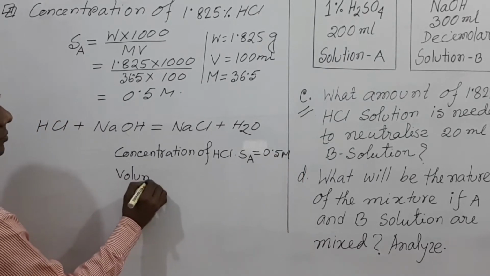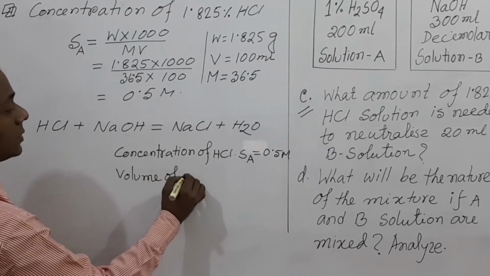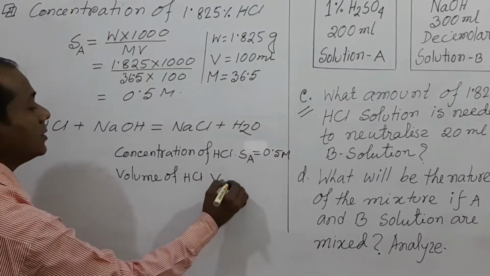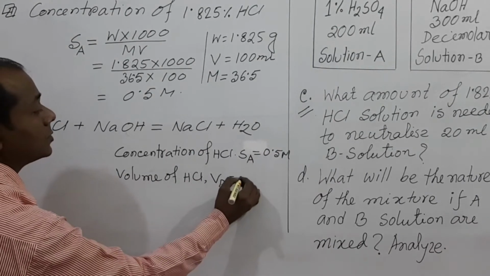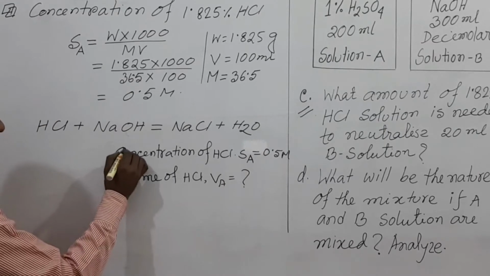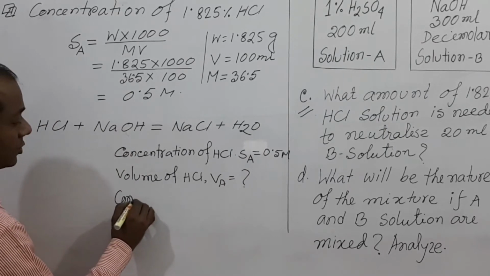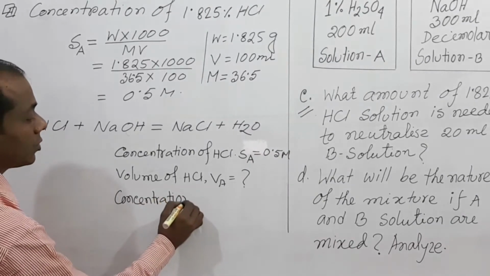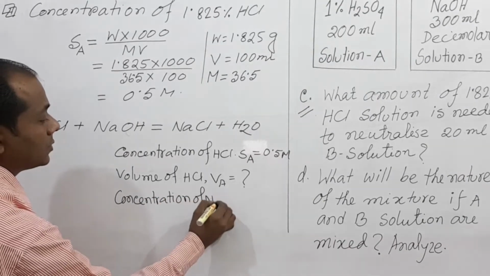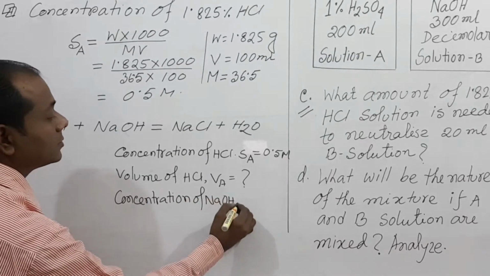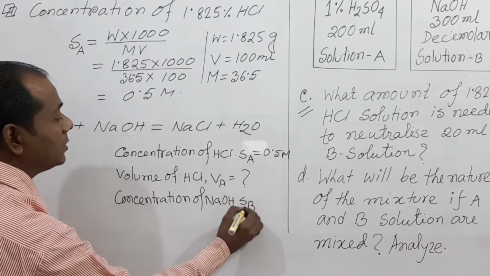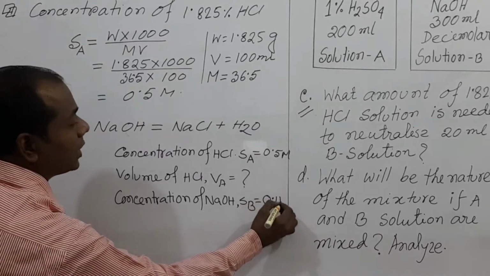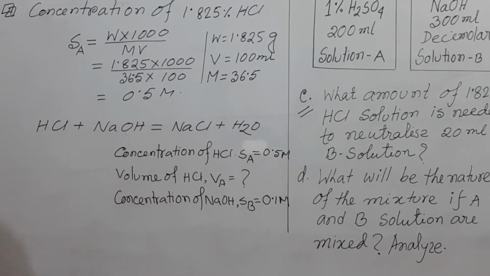volume of HCl, VA, equal to what, and concentration of sodium hydroxide is SB because this is base, that is 0.1 molar. Why 0.1 molar?